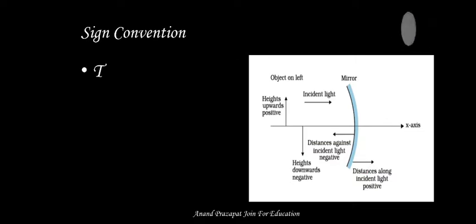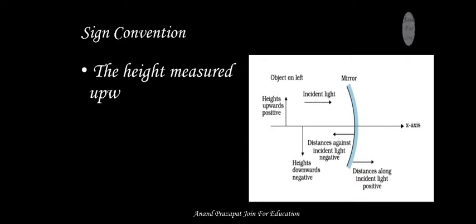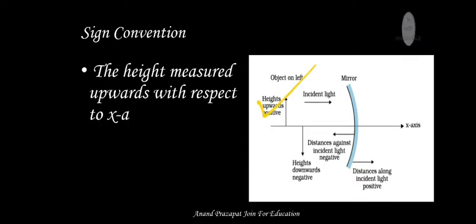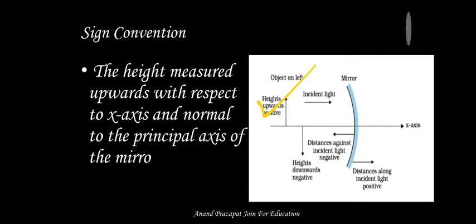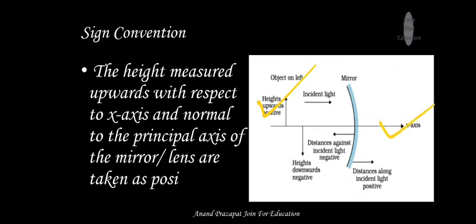The heights measured upward with respect to the x-axis and normal to the principal axis of the mirror or lens are taken as positive. Normal means vertical distances above the x-axis are positive. Vertical distances below the principal axis, the x-axis, are negative.